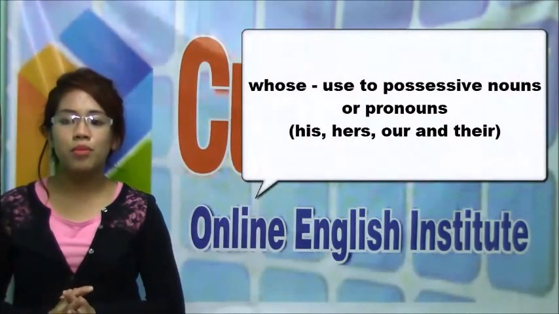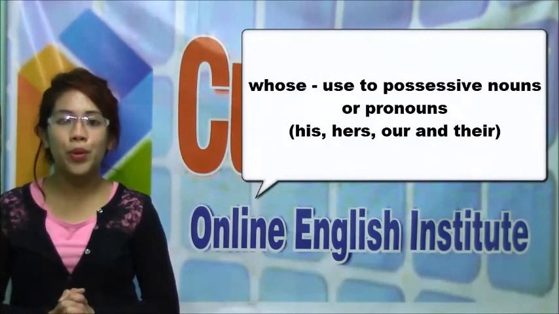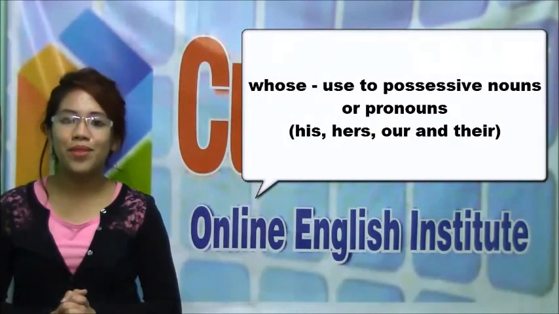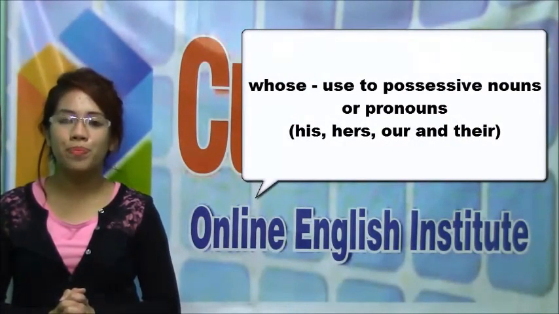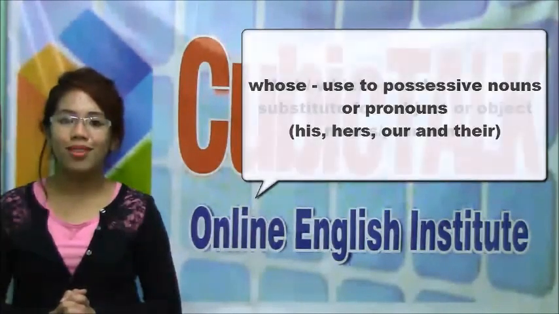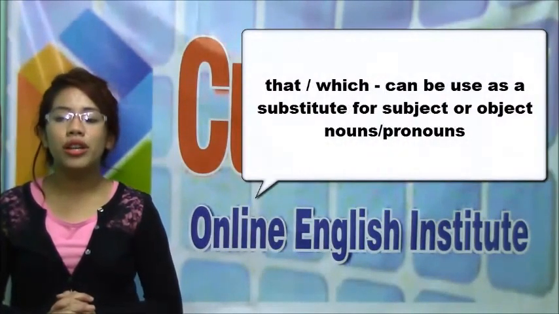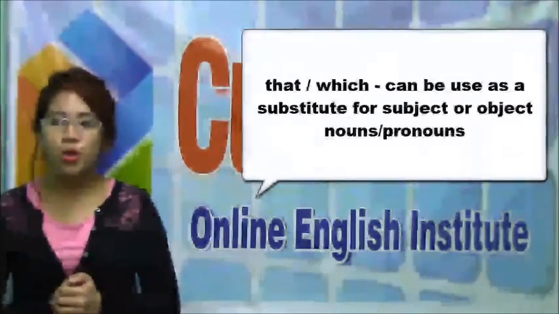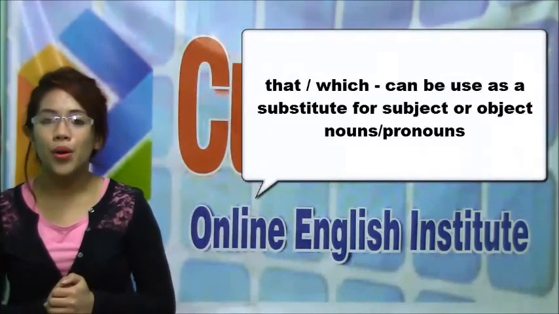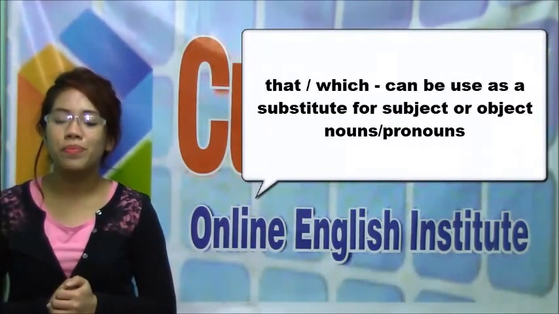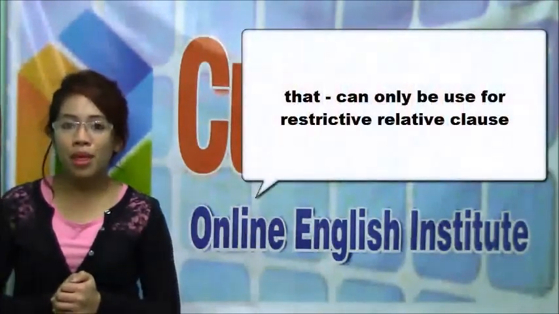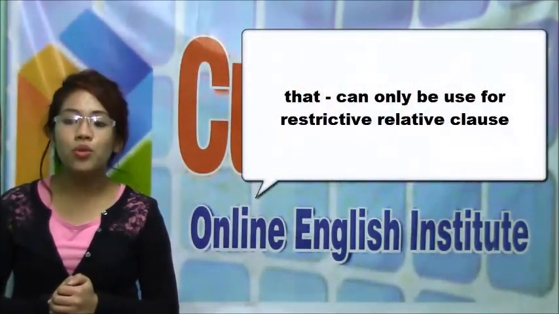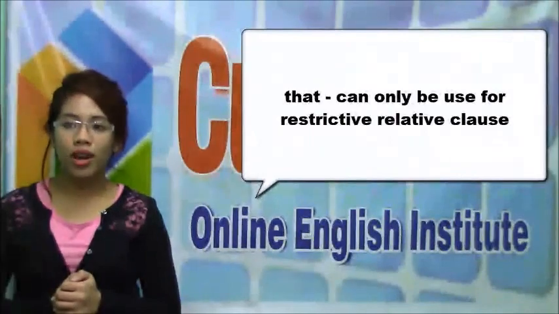Whose is used to substitute possessive nouns or pronouns such as his, hers, our, and their. That and which can be used as a substitute for subject or object nouns or pronouns. But for the relative pronoun that, it is only used for restrictive relative clause.